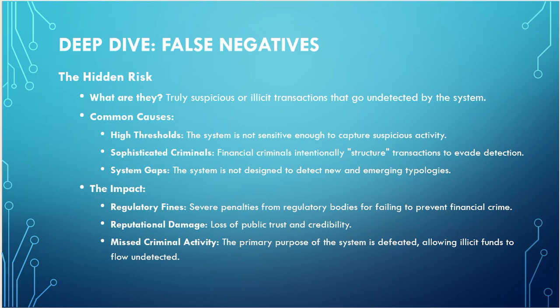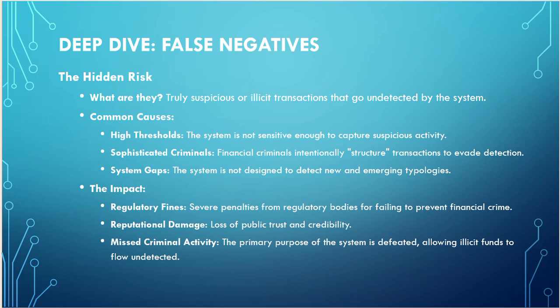And the impact: regulatory fines. Obviously, there are penalties from regulatory bodies for failing to prevent financial crime, which the financial institution or bank needs to pay to the regulator for failing to properly identify financial crime and for allowing financial criminals to use the banking system. Then reputation damage: loss of public trust and credibility.